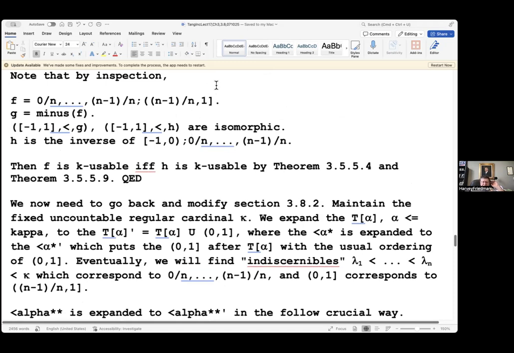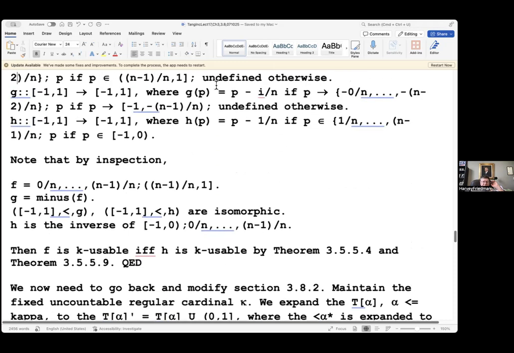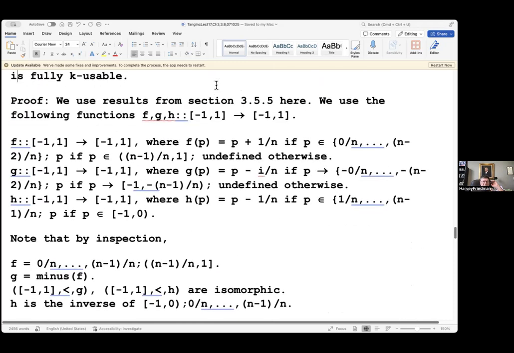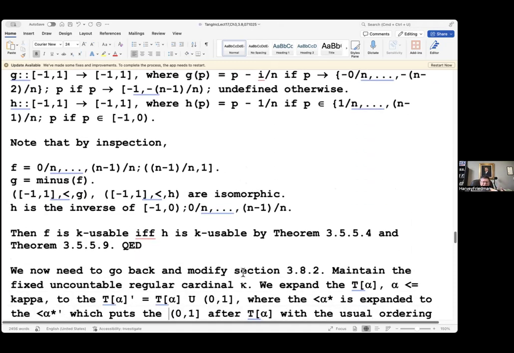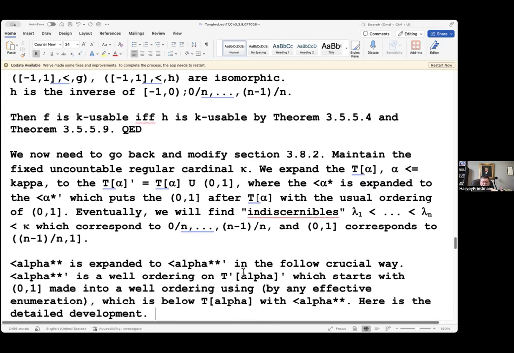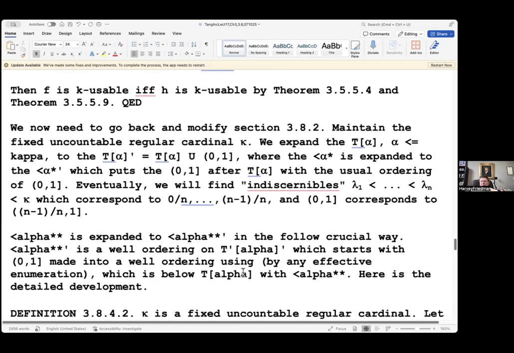Sorry, this one here. We're trying to get the usability of this one here. Okay, in order to get this, we make the following modification of what we did earlier.